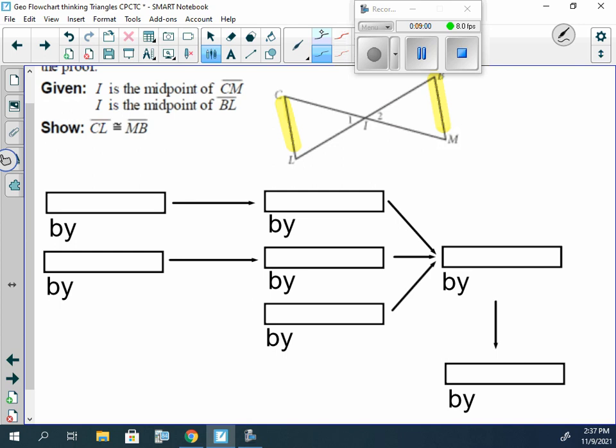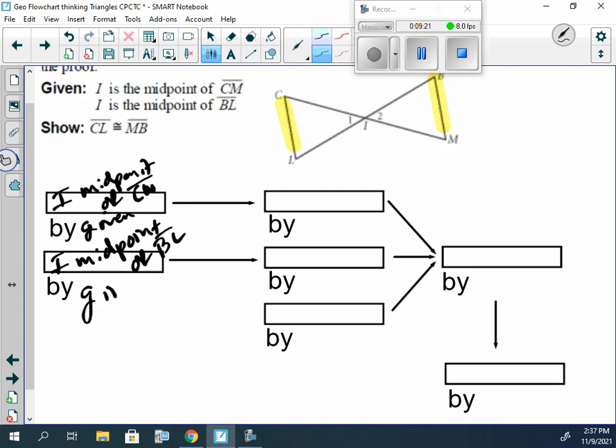Now, we know that I is the midpoint of CM. Well, that is our midpoint of BL on our given.